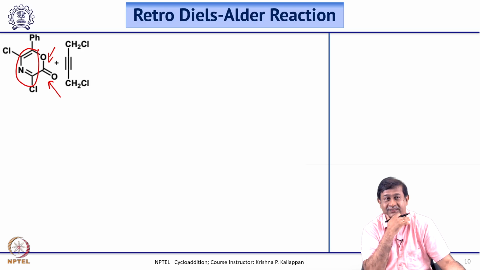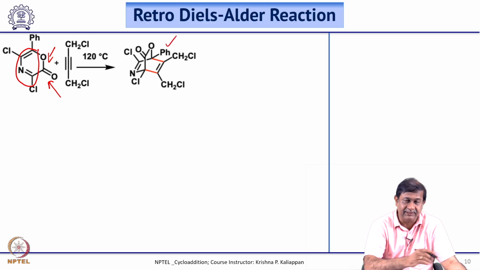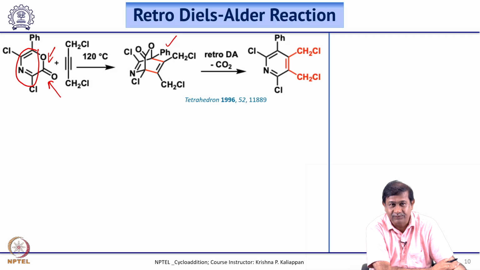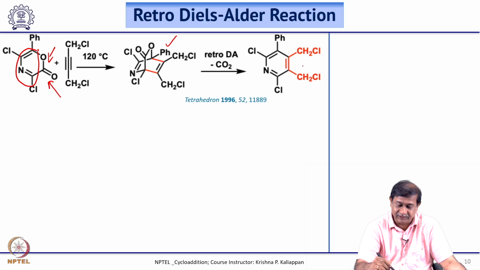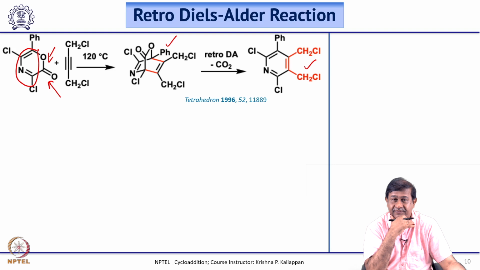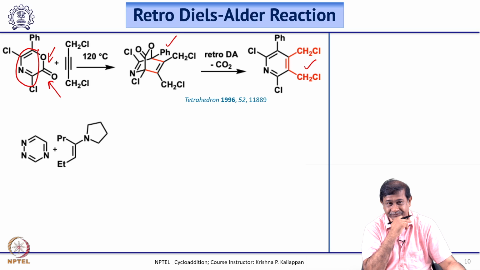So, a simple 4+2 cycloaddition reaction will give this bicyclo[2.2.2] intermediate. This upon further heating will undergo a retro Diels-Alder reaction where carbon dioxide is lost to give a highly substituted penta-substituted pyridine ring. So, this is a very nice method to make highly substituted pyridine in one step.